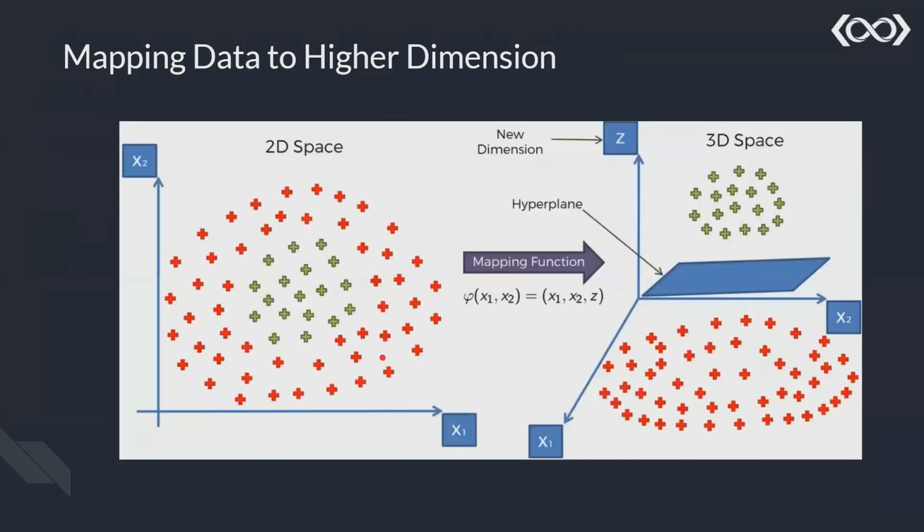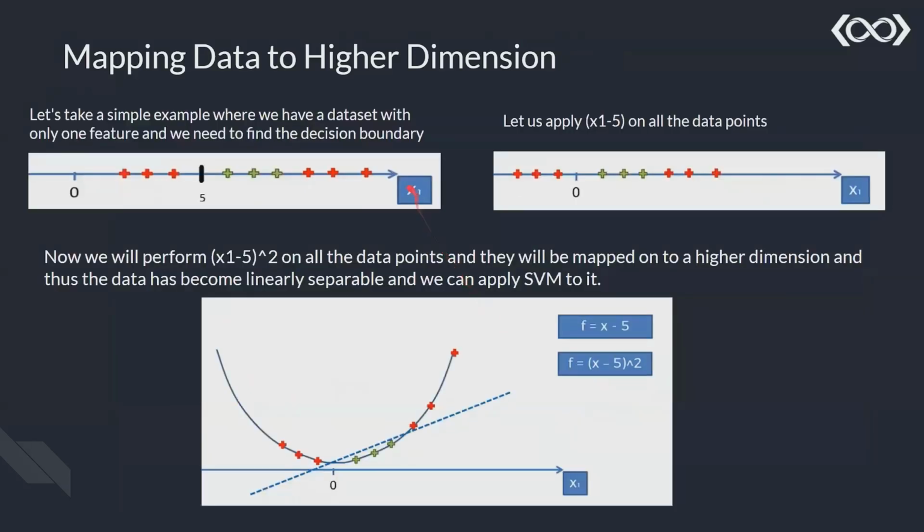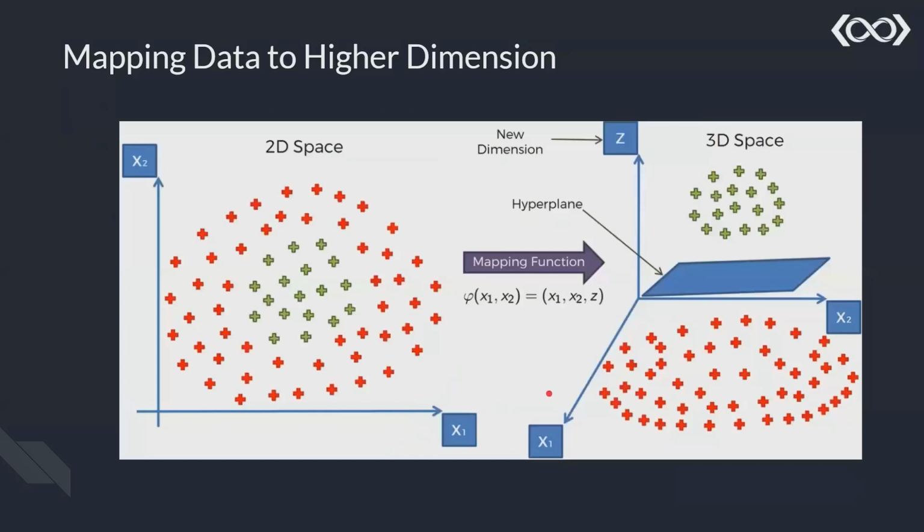Let's take another example where we already have 2 features. We are already in a 2D space. So we'll compute some mapping function, and whatever the result of the mapping function, that will be the value of our z coordinate, our extra dimension. In the last example, we moved from 1 dimension to 2 dimensions. In this example, we will move from 2D to 3D.